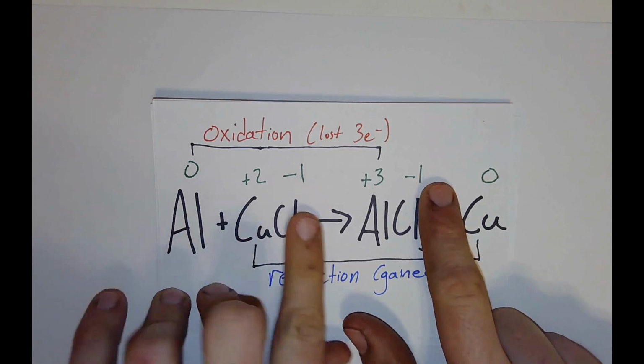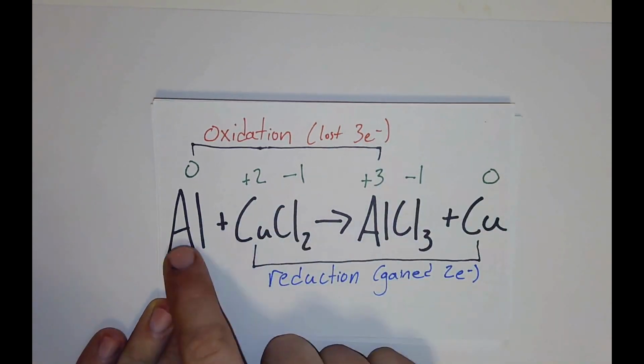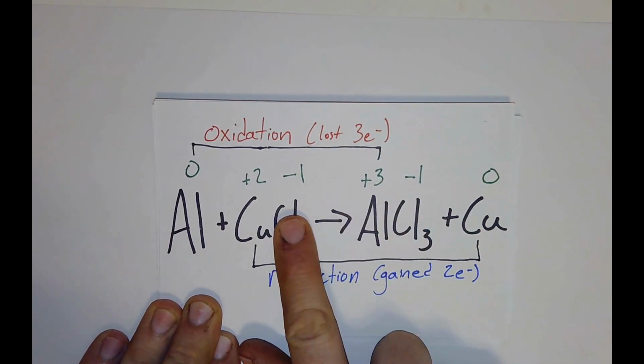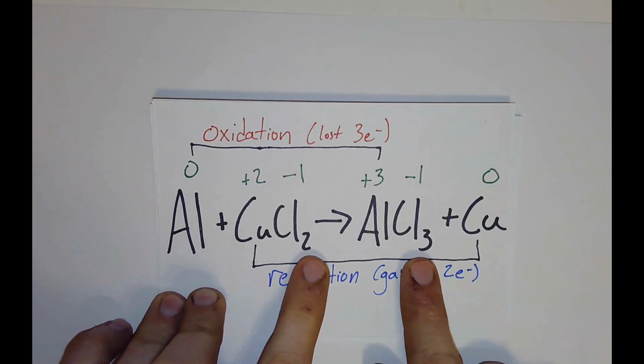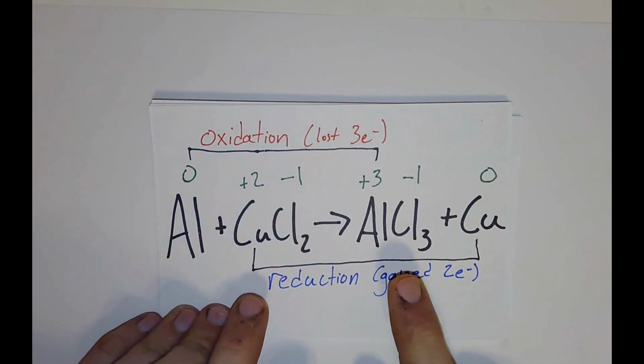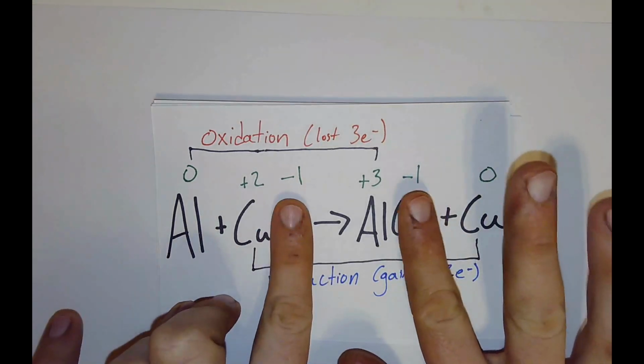So we're only interested in the green numbers, in the oxidation state. And chlorine, unlike, let's say, aluminum that went from 0 to 3, chlorine didn't change at all, right? And because chlorine doesn't change, it doesn't participate in the oxidation reduction in quite the same way that the aluminum or the copper do. So what we can do here is we can ignore this.